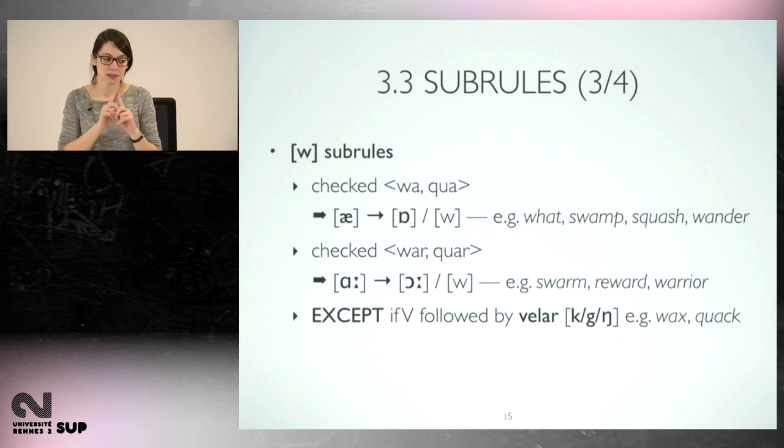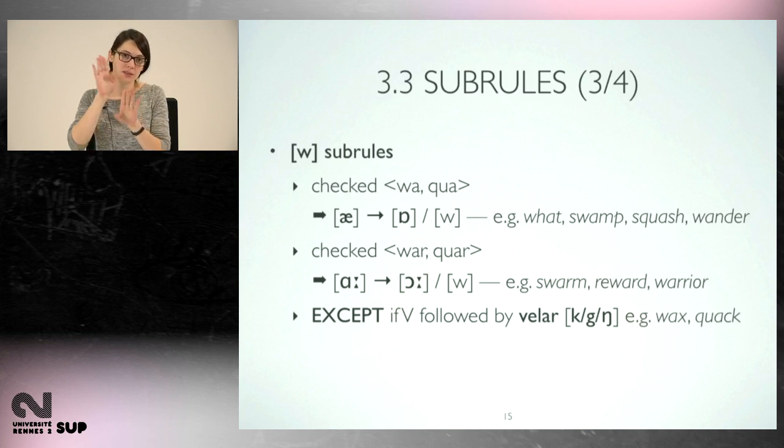The reason for that is that k and g and n are sounds that are pronounced at the back of the mouth, whereas rounded vowels are pronounced at the front. So there would be some kind of contradiction between pronouncing the vowel as rounded under the influence of w and going back towards the back of the mouth to pronounce the velar sound.